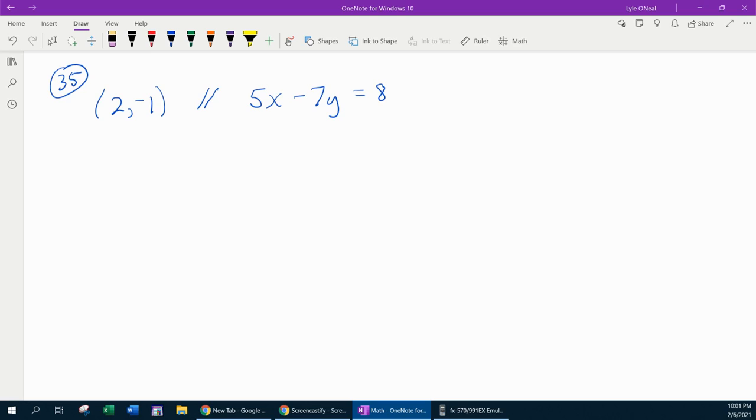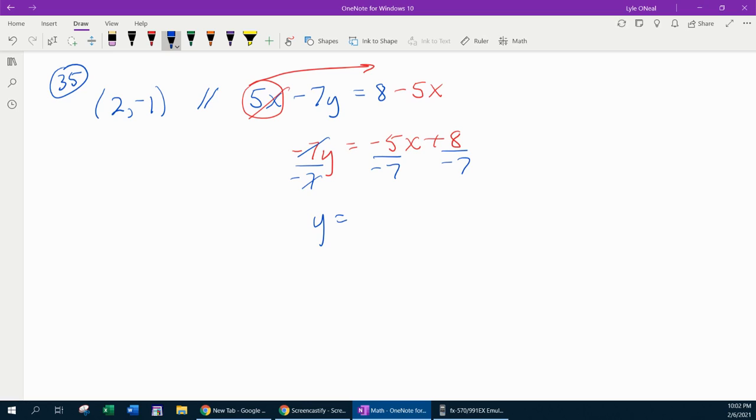Okay, that's the objective. Here we go. To achieve that objective, we're going to take the 5x over, which is going to make that minus 5x. And that'll give us negative 7y equals negative 5x plus 8. Then to divide everybody by negative 7, that will get us into slope-intercept form. Negative over a negative makes a plus 5/7.